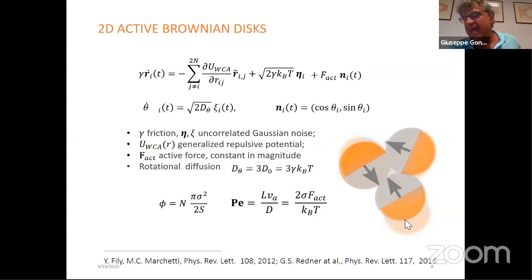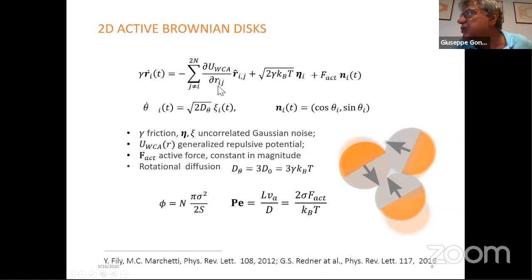So we describe our system. This is the almost standard story for passive particles with some more results. What people have studied, and are continuing to study a lot in active matter, is a system of these self-propelled colloids where you take a Langevin equation with overdamped motion.